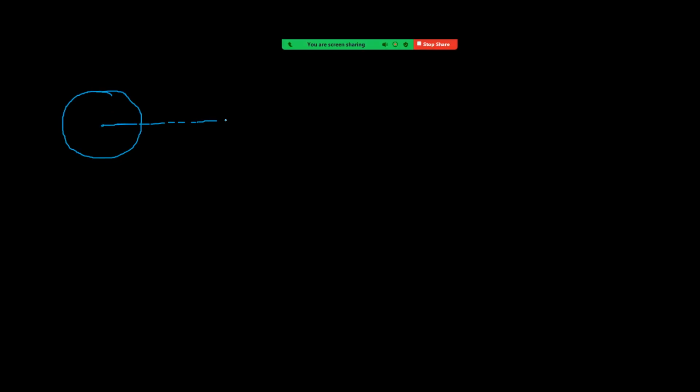Let us say its velocity is u. Another identical body is given that is at rest, stationary. So the condition is that if the velocity is not along the line joining the centers, the collision becomes oblique.